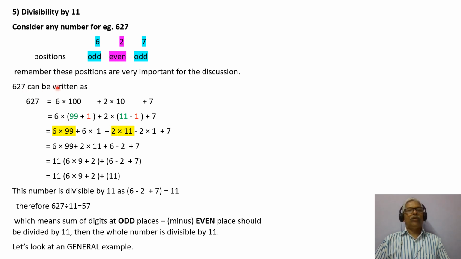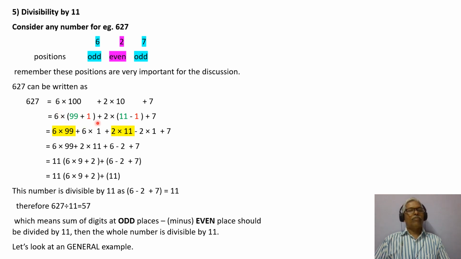Just go through this method. We have seen some steps in previous examples also. See, 627 can be written as 6 into 100 plus 2 into 10 plus 7. We know this. Now, unlike other methods, just see, 100 is written as 99 plus 1. We have seen this before also.